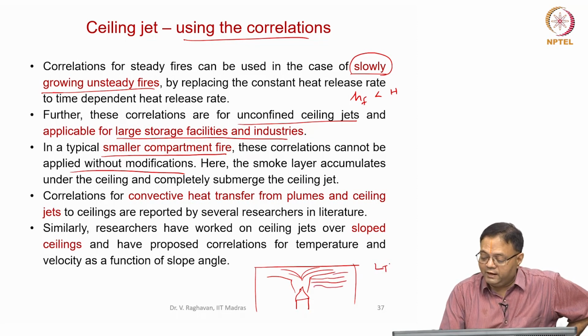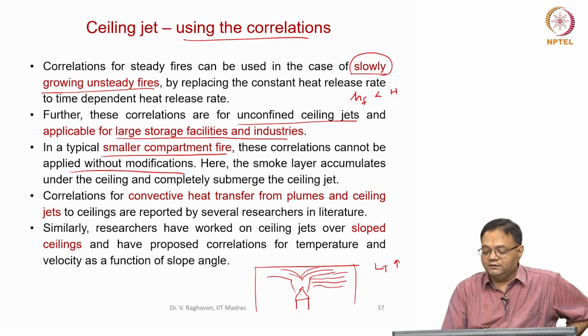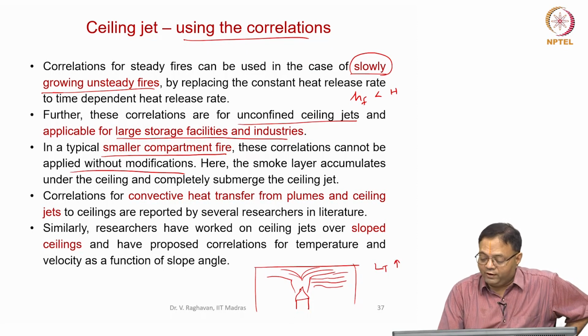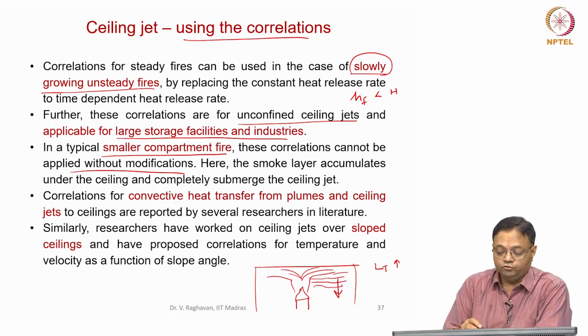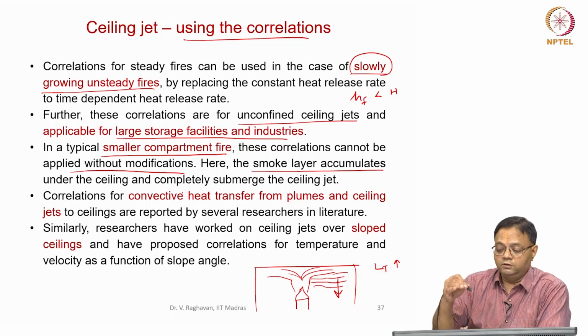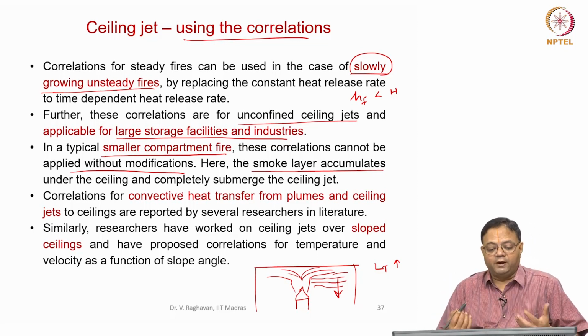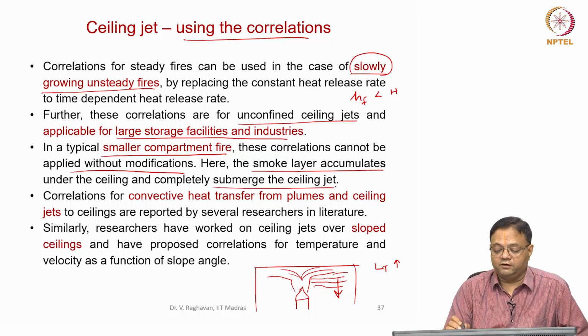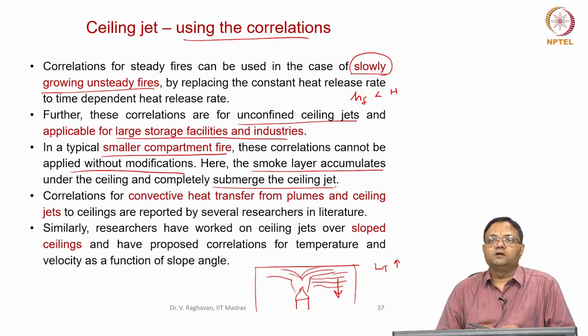That is, LT will increase as the fire grows. And for example, if there is no ventilation, the smoke layer will descend down and will completely submerge the ceiling jet. So, that means that the correlation will not be valid.